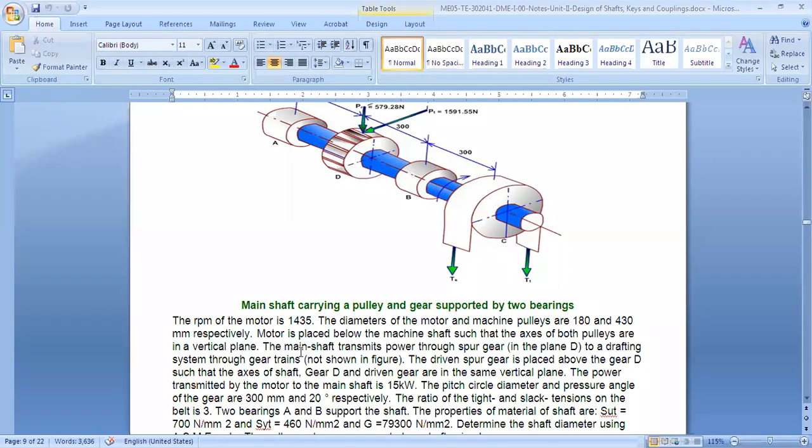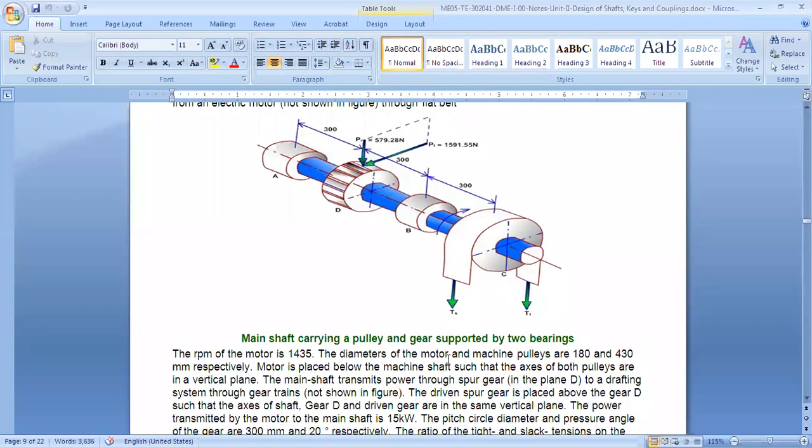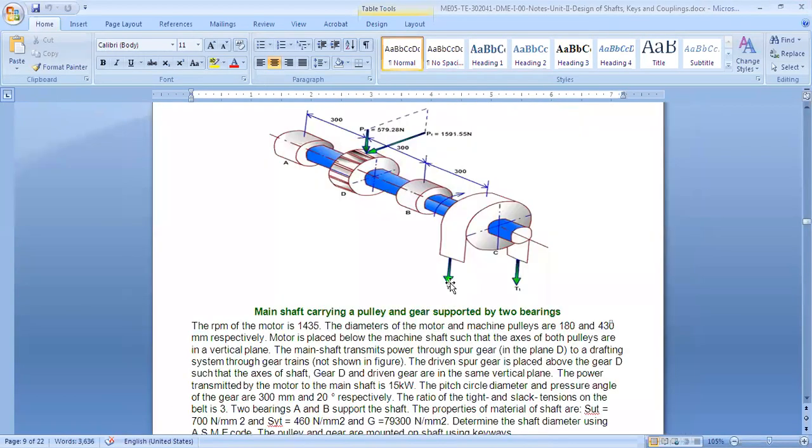Now we have the RPM of the motor, but we need to know the RPM of the shaft. They haven't given it directly. So we need to know the diameters of the pulley and the motor, because if we know the ratio of those diameters, we can find the RPM of the shaft. My general approach, if you have experience with me, is that while reading the problem itself, we go through a few things.